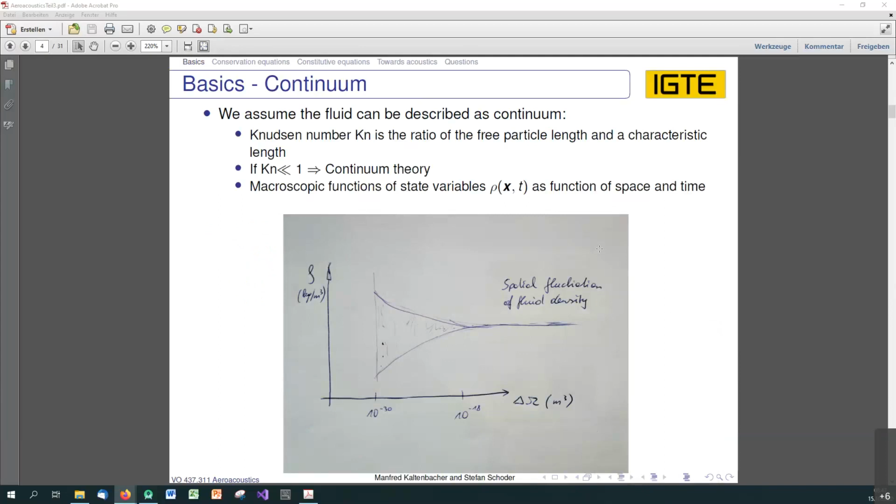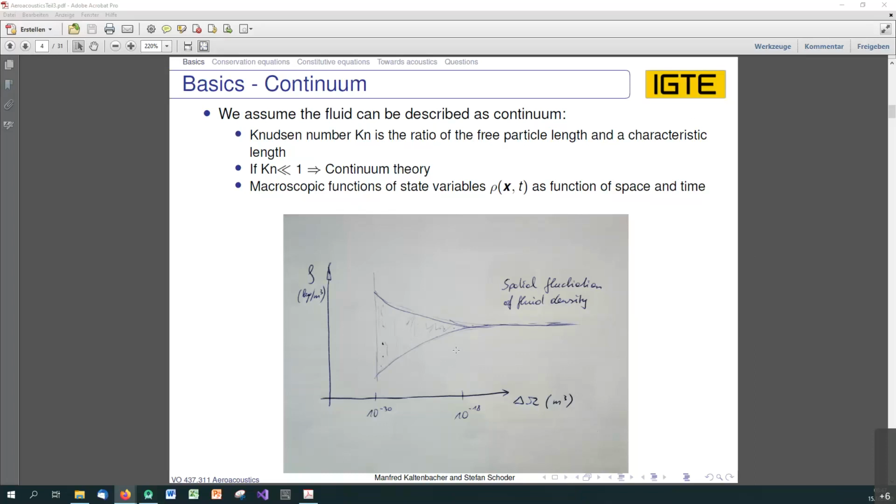This means that the Knudsen number is very small, which more or less means that if a particle travels within the matter or the size of the control volume you are using, before it reaches the boundaries, it already meets other particles.